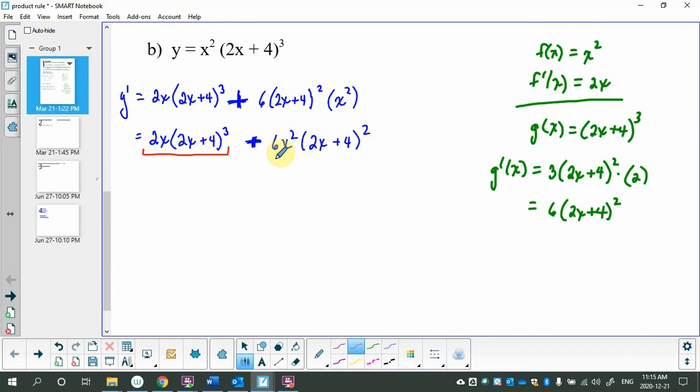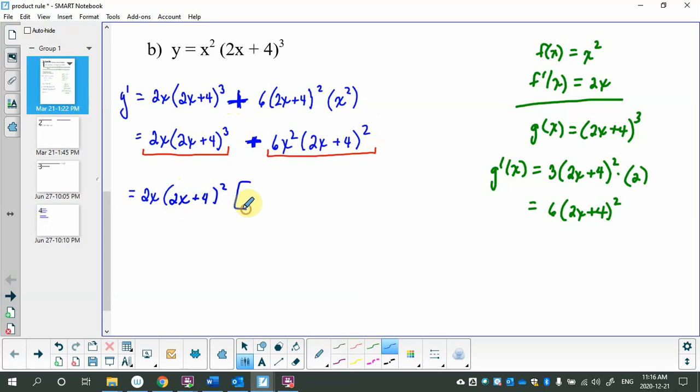So I have to compare the before the plus sign with the after the plus sign and see what I can take out of both. So we're common factoring. So out of 2x and 6x squared, I can remove a 2x. Out of 2x plus 4 to the 3 and 2x plus 4 to the 2, I can take out the little guy, which is 2x plus 4 to the 2.